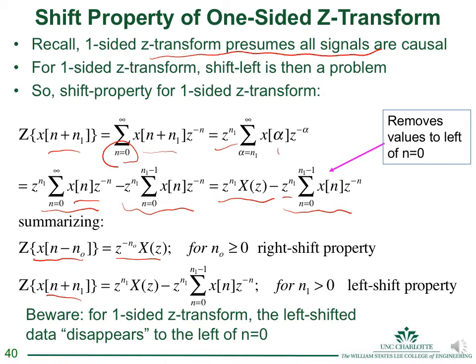So for a left shift property, I have to subtract off those terms that are associated with the left shifted portion of the sequence. And so for a one-sided Z transform, the left shifted data disappears to the left of n0, so to speak, to retain causality in the solution.